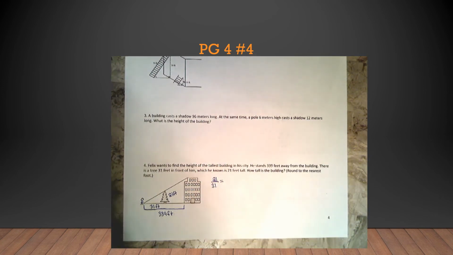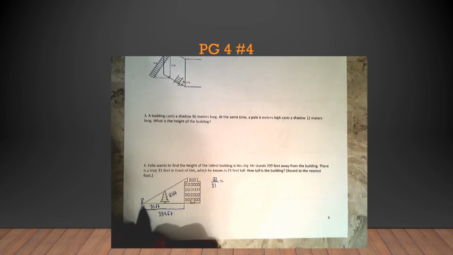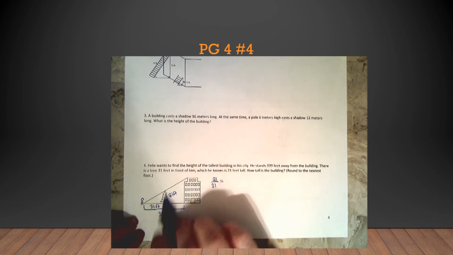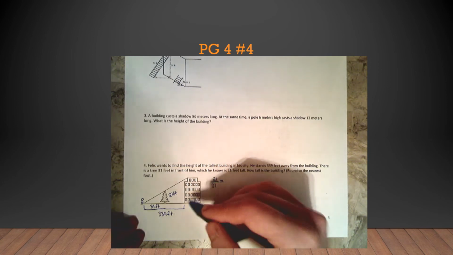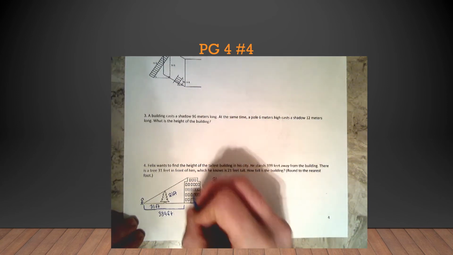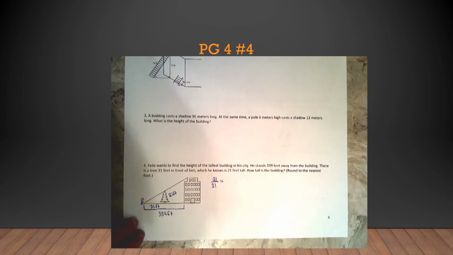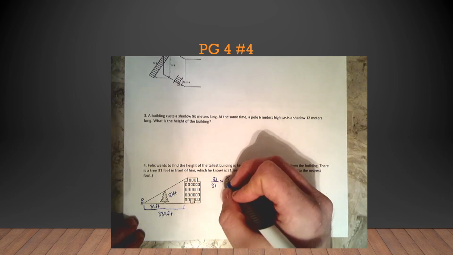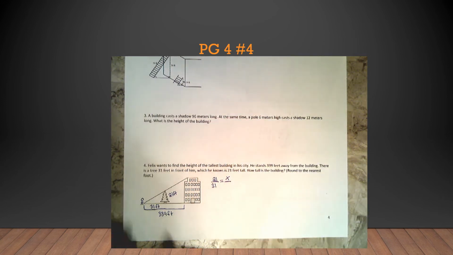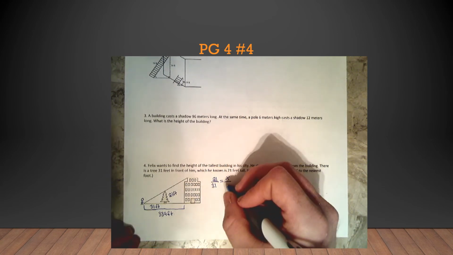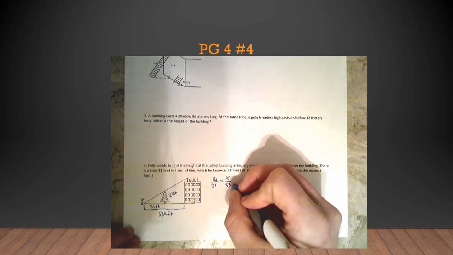That should be proportional to the height of this building and the length to that building. The height of the building, which is what I'm trying to find, I'm going to have in my numerator, and since I don't know what it is, I'm going to make it x. Now, I do know how far away he is from it, which is 339 feet.